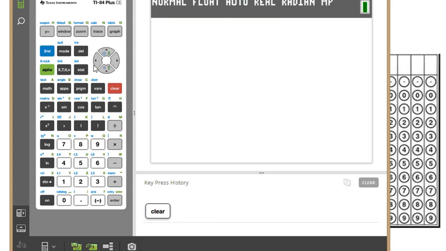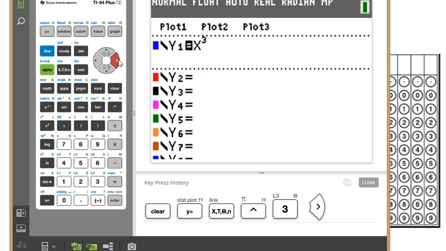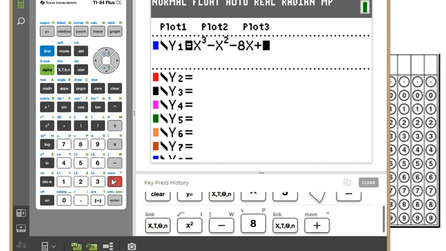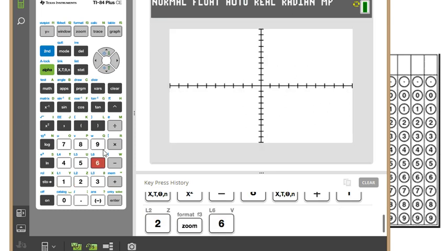Here's our TI-84 Plus CE calculator, and we put x cubed minus x squared minus 8x plus 12, and go to zoom 6. Looks like we have a distinct zero at x equals -3 and at x equals 2, and we could check in our calculator.